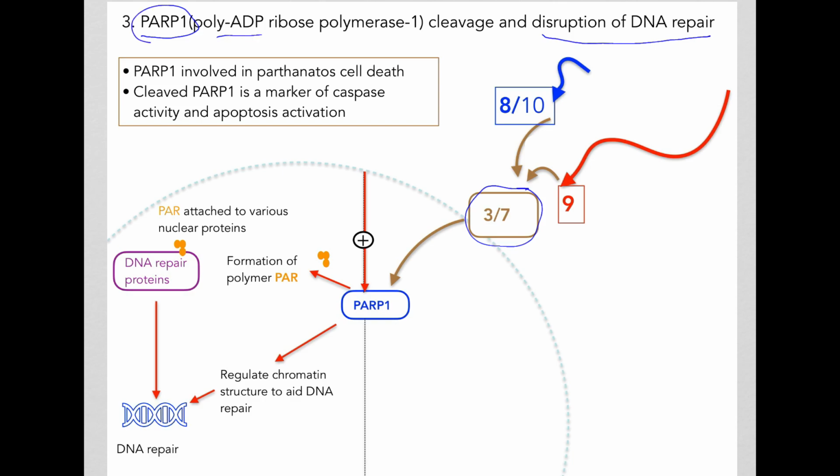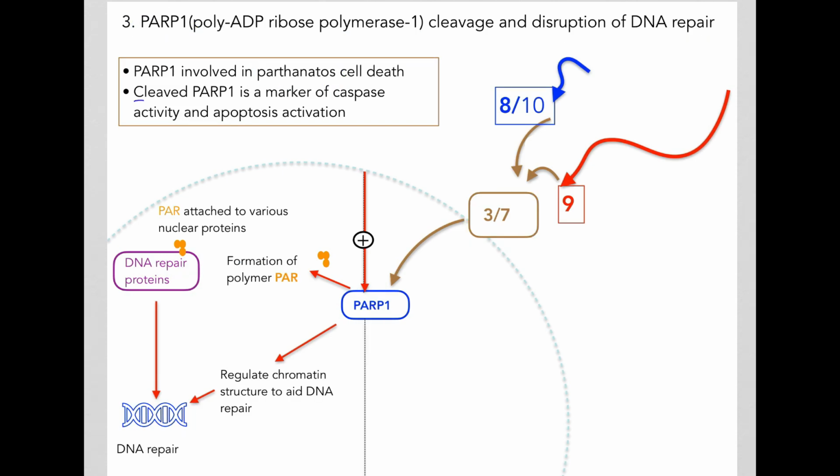Another effect of these executioner caspases is that they prevent DNA repair by the protein called PARP1, which is poly-ADP ribose polymerase 1. PARP1 plays a very important role in DNA repair. We'll talk about PARP1 in another video, on parthanatos, in the future. But by destroying PARP1, the caspases prevent the cell from repairing the DNA that has been cleaved.